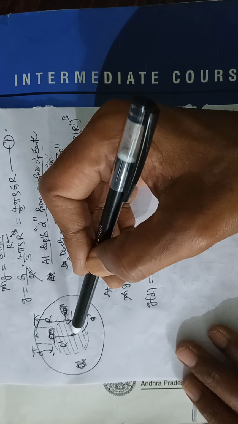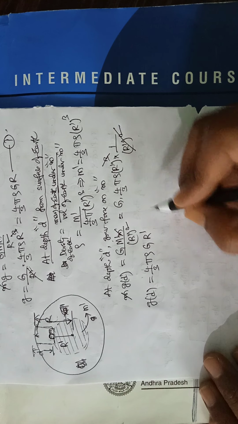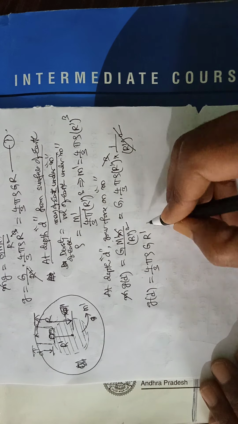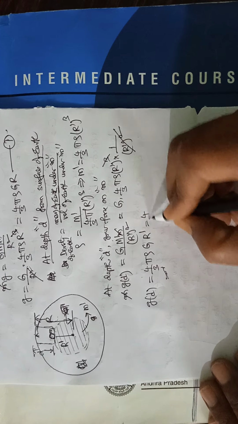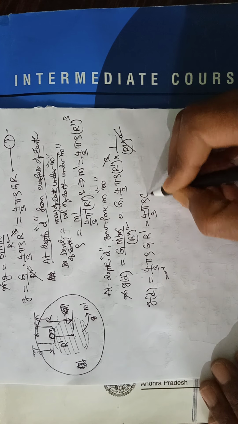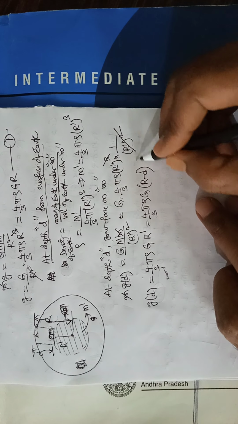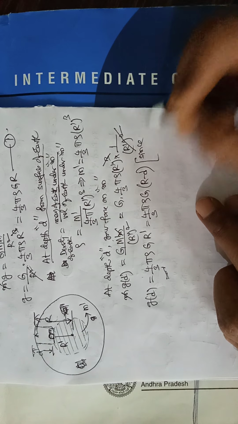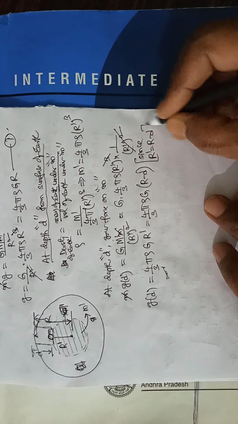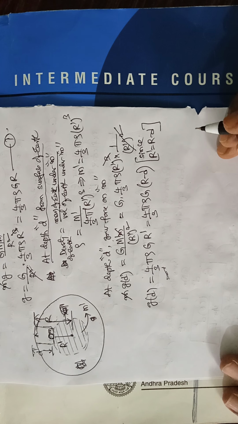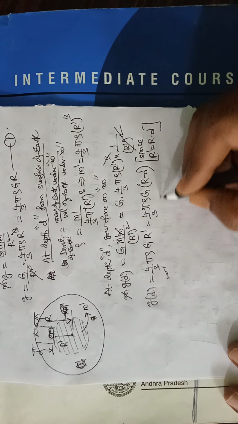So r dash is nothing but r minus d. Let me write here 4 by 3 pi rho G, r minus d, since r dash is equal to r minus d. This is equation 2.